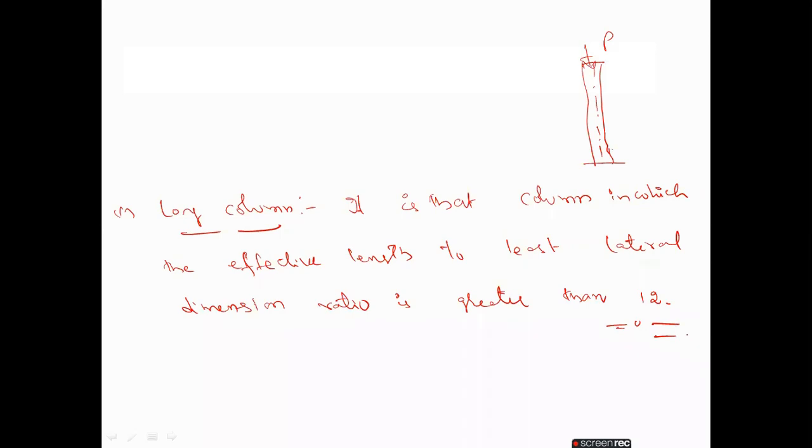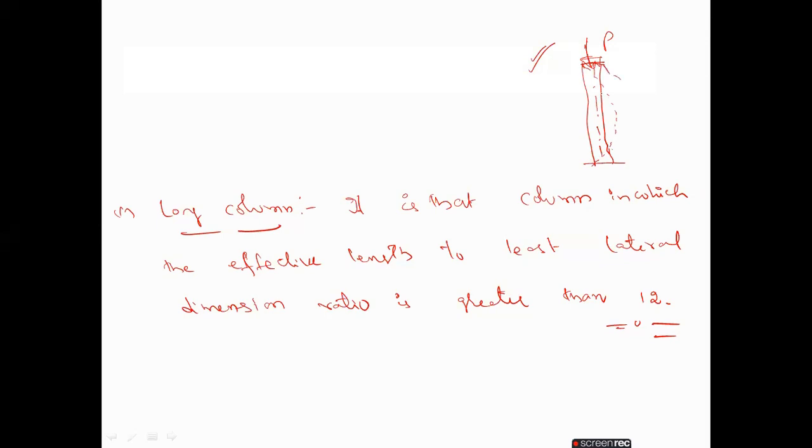I will explain clearly now. The long column is the column in which the ratio of effective length to least lateral dimension is greater than 12. We call it a long column. When load is acting on this one, what happens? There will be bending like this.